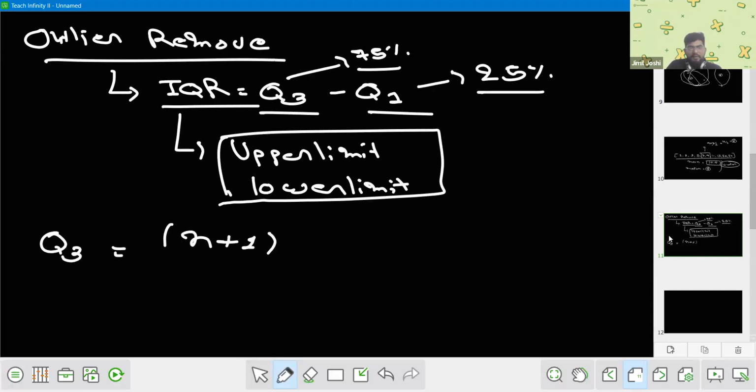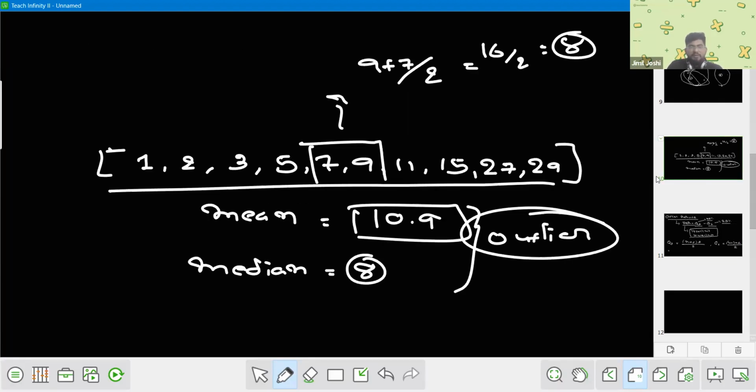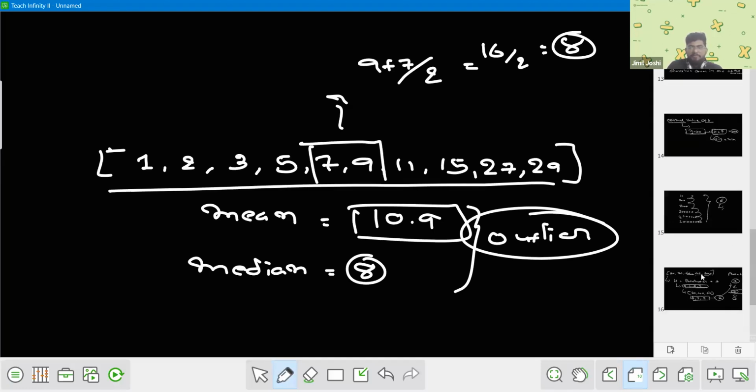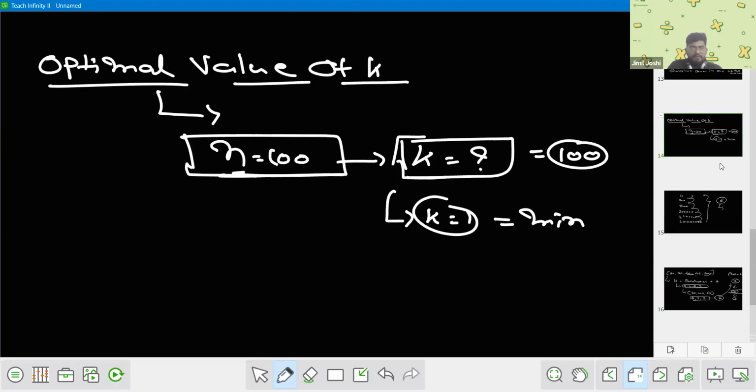For Q3 it is N plus 1, into 3, divided by 4. For Q1 it is N plus 1, into 1, which means the same N plus 1 value, divided by 4. Here N is nothing but the number of data points you have. So we have a total of 1, 2, 3, 4, 5, 6, 7, 8, 9, and 10 data points.